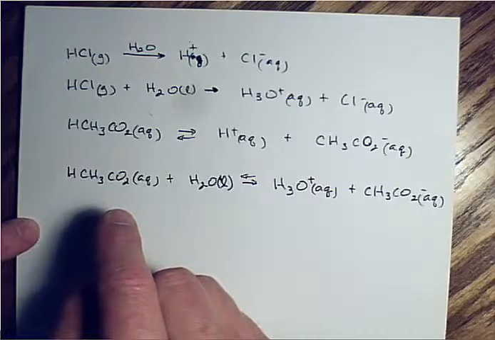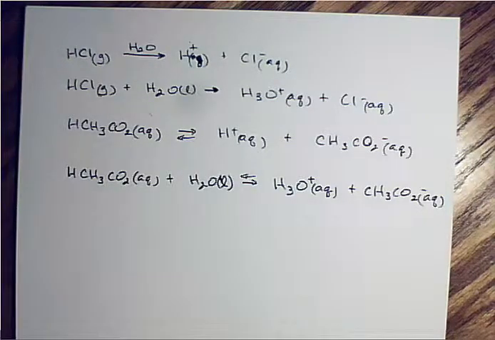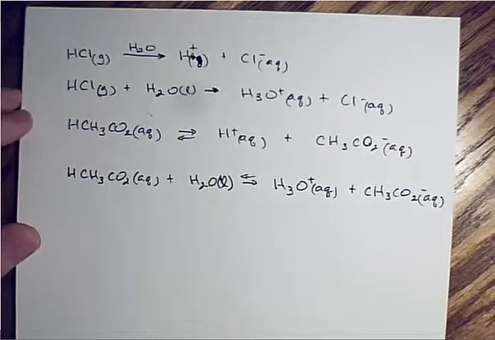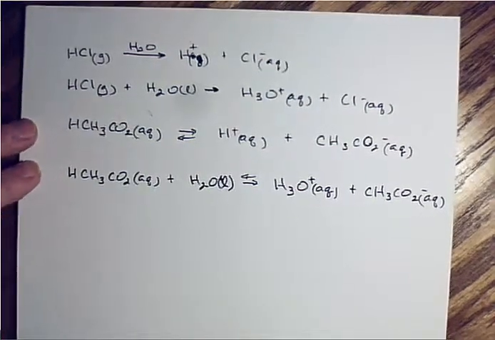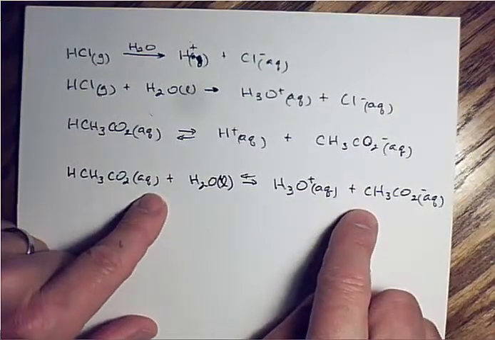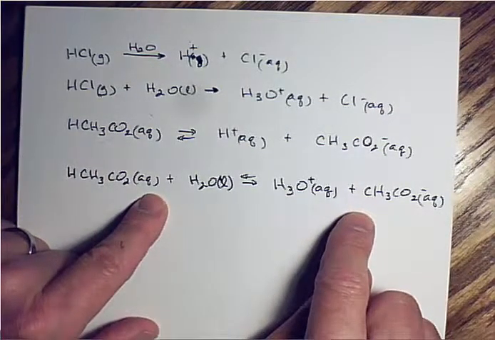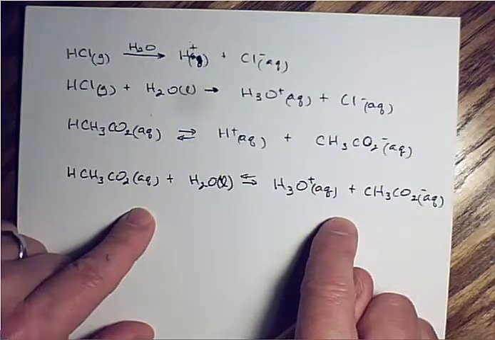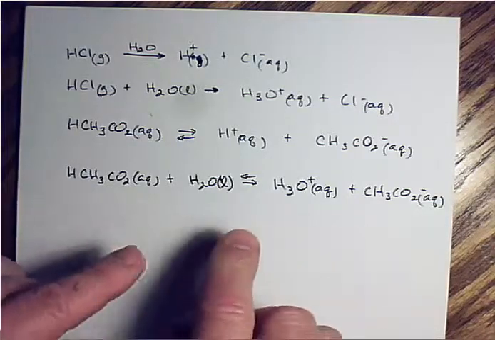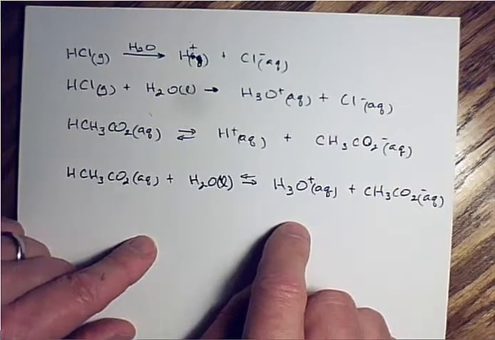Everybody with me so far? All right, so that's what an equilibrium system is. And Le Chatelier's principle states that a system in equilibrium like these will remain in equilibrium unless some pressure is added to the system to unbalance the equilibrium. Then the equilibrium reforms a new point of equilibrium, a new balance point.